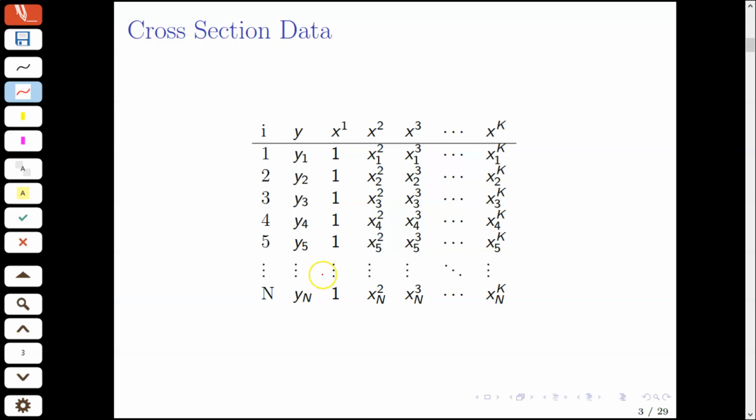There's a column dedicated to the outcome variable of interest, y, as well as several columns for the regressors, usually denoted by x. Note here that we use the superscript k to denote a particular coordinate of x, and that we're treating x as a row vector, following the notation in Wooldridge, the book that you used in your previous econometrics course.